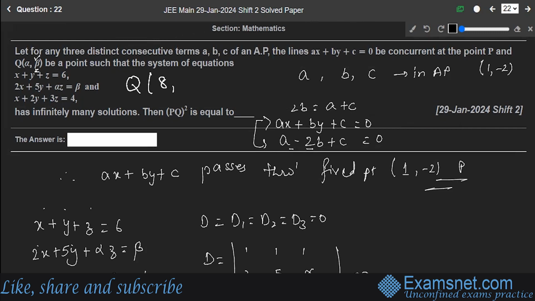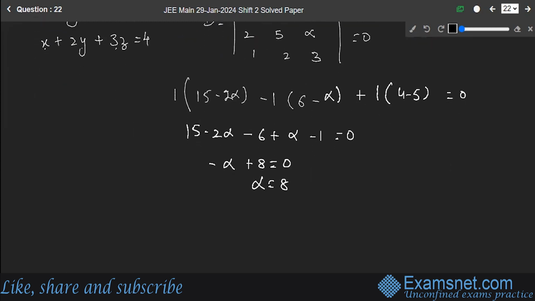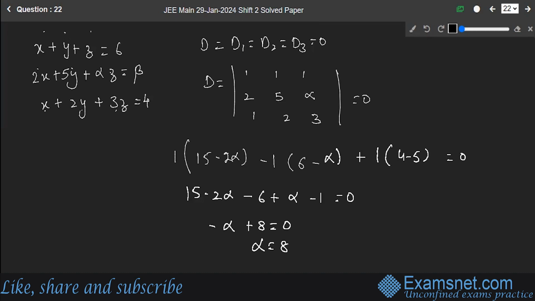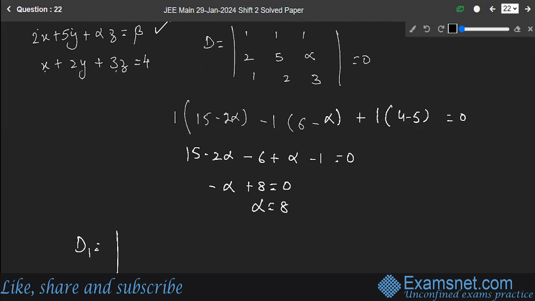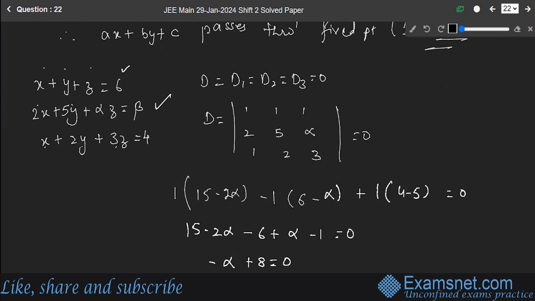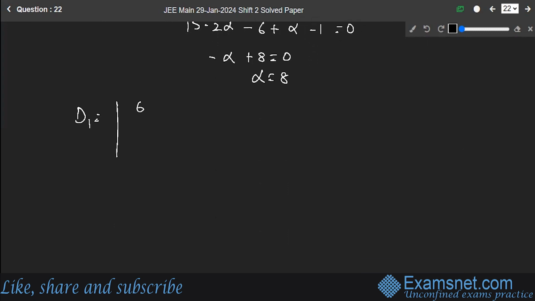Now I want beta. For beta, let's take D1. Look at the system of equations. D1 will be given by the determinant 6, 1, 1, beta, 5, alpha, 4, 2, 3. This is also equal to 0, and we know the value of alpha, so I will write 8 over here.